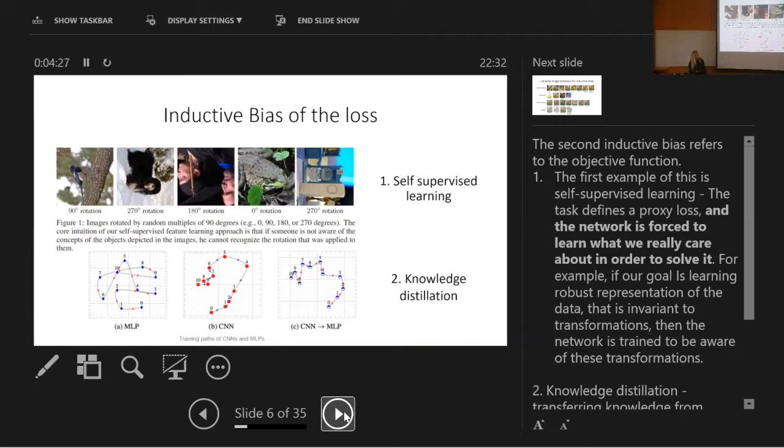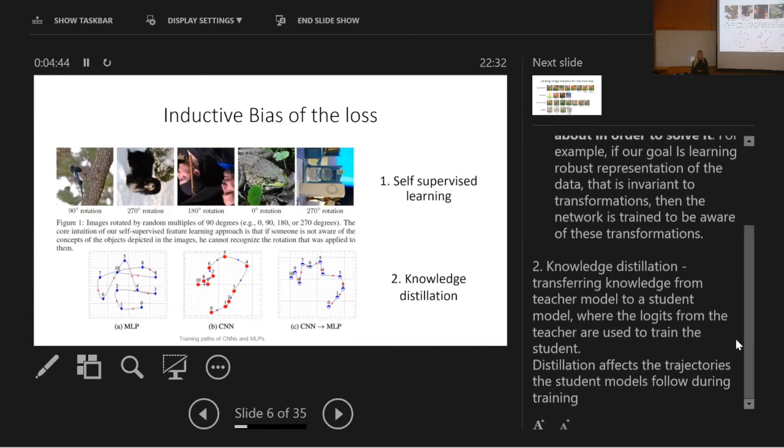So, for example, if we want our network to be robust to transformations and to learn these transformations, we need to make sure that the network is aware of these types of transformations. The second is knowledge distillation. That's transferring knowledge from the teacher to the student, where the logits of the teacher are used to train the student.